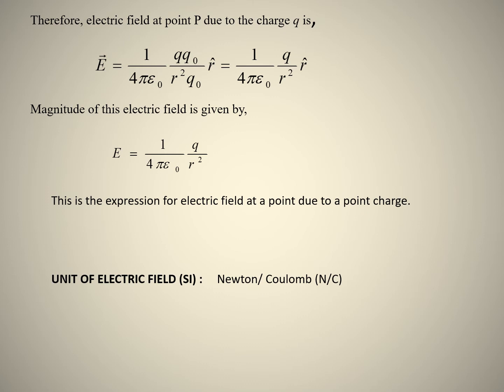And the direction of the electric field is same as the direction of the unit vector r cap as shown in the diagram, and it is acting along the line joining the two charges Q and Q0, and it is away from charge Q and towards charge Q0. Unit of electric field is given by Newton per Coulomb.